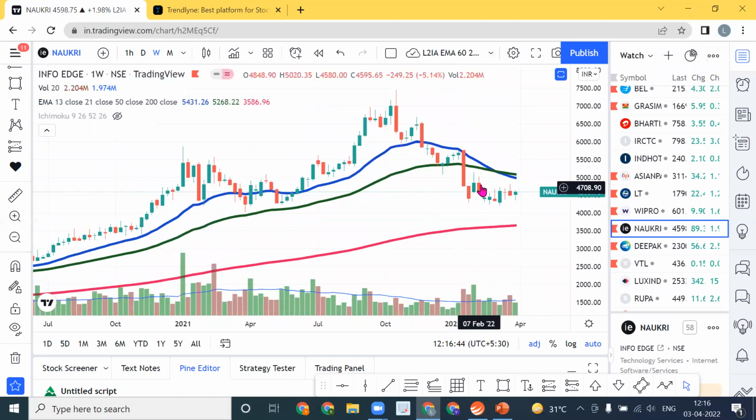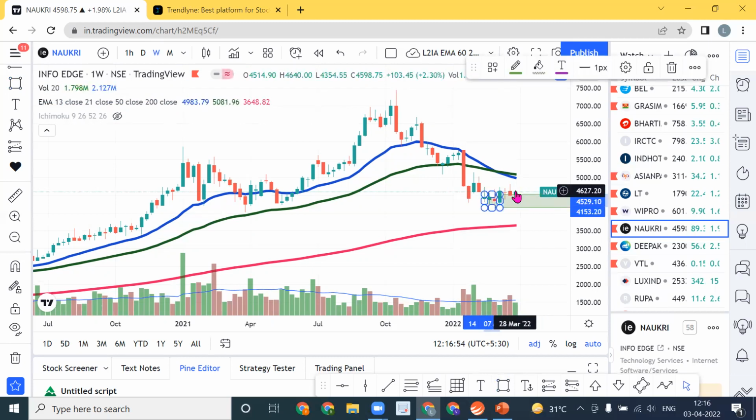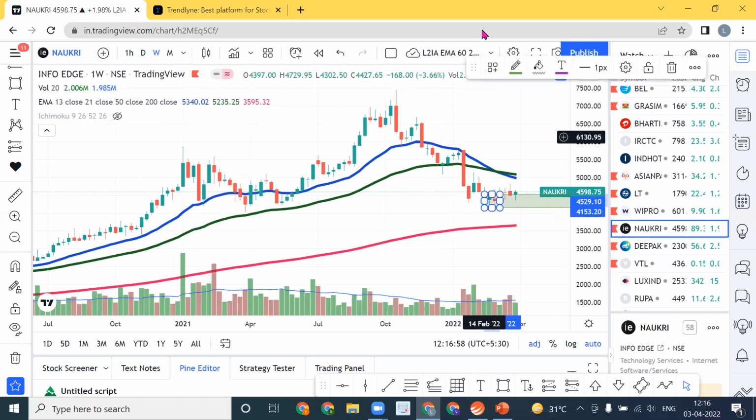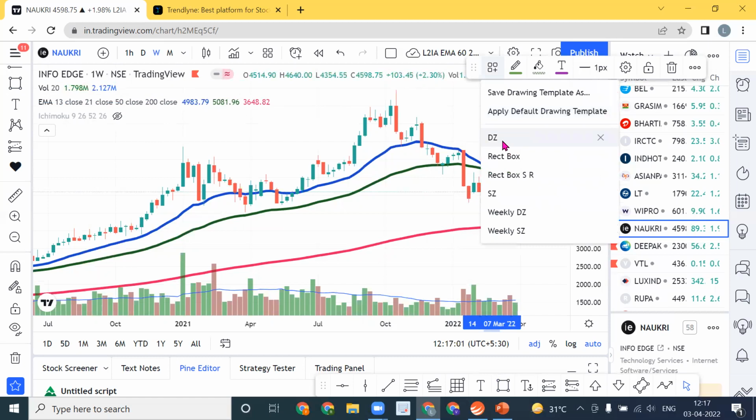See a red candle, 3 base candles and a green candle, so this looks like a small demand zone, but once again if I draw it, you can see the candles are touching this, so you already have some people who are buying at this level.